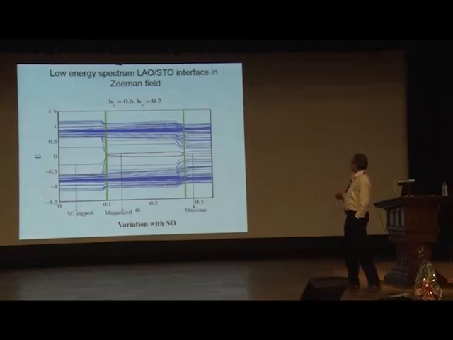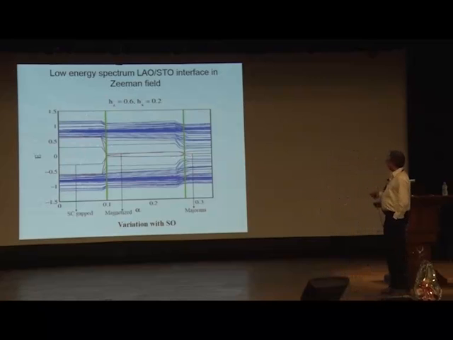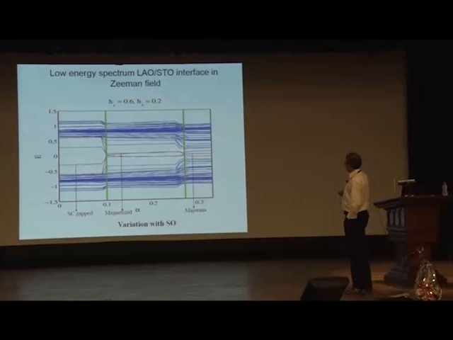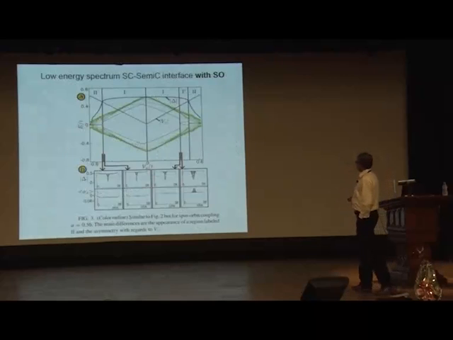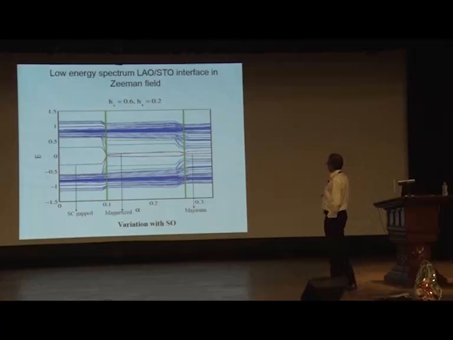These are 32 by 32 into 2 states, some of which are shown. As you can see, these red lines are magnetic, proportional to H sub Z, so these are not Majorana. But then suddenly you enter the B region of the phase diagram, and that is where we suddenly picked up this zero energy excitation.